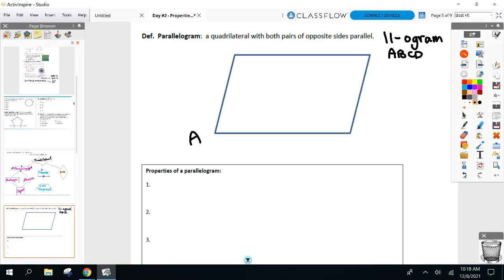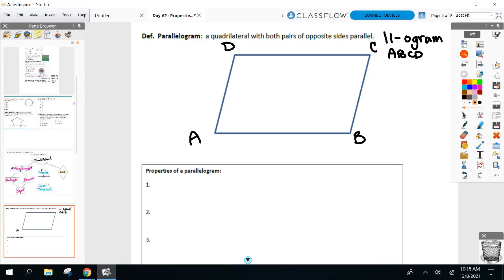You have to label it clockwise or counterclockwise. You cannot jump diagonally. So if it's A, B, C, D, I can't put B opposite it. So that's the rule for any quadrilateral, not just a parallelogram. You need to label any quadrilateral in a clockwise or counterclockwise direction. All good? We're all right?